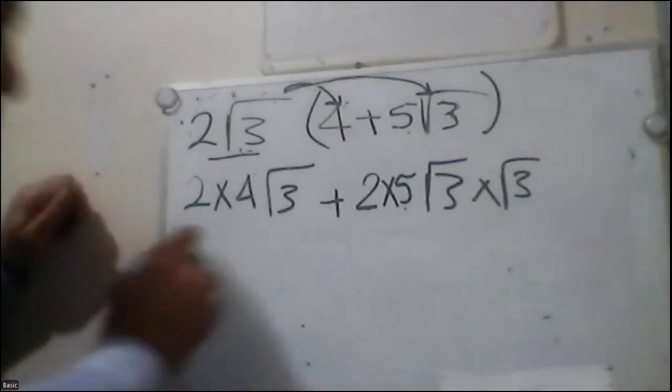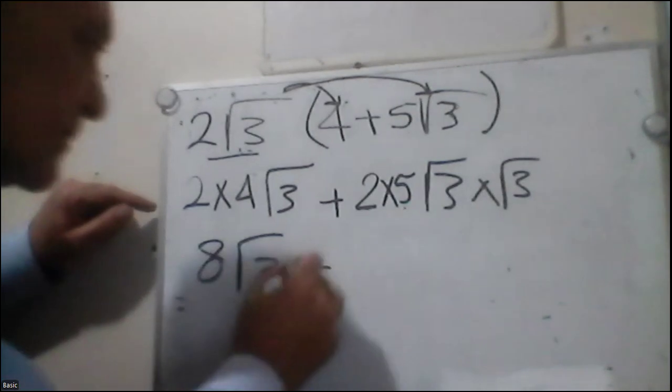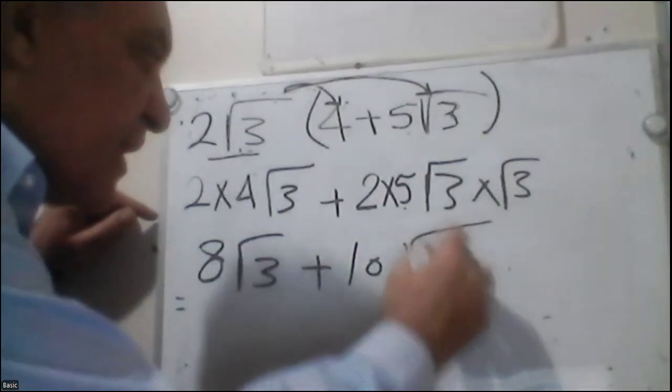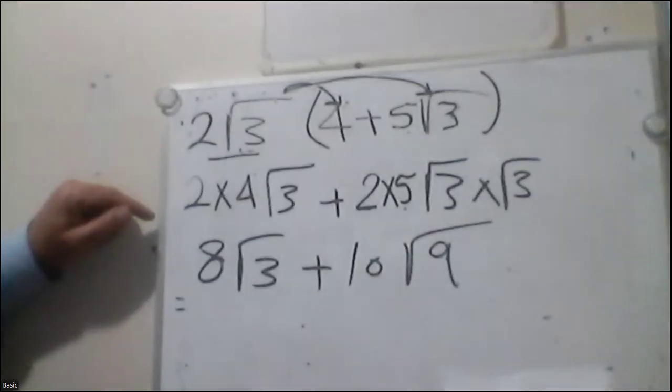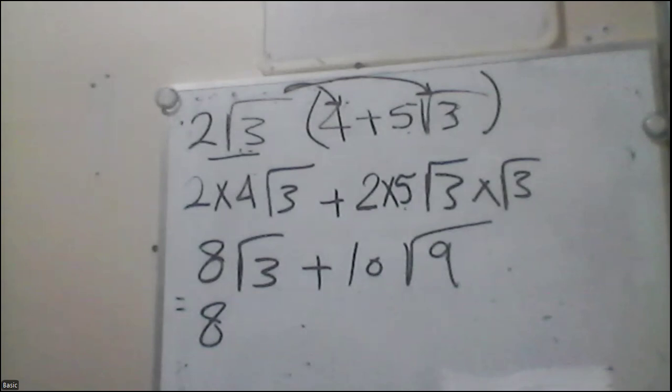So this will equal 8 root 3 plus 10 root 9. 3 times 3 is 9, which is 8 root 3.